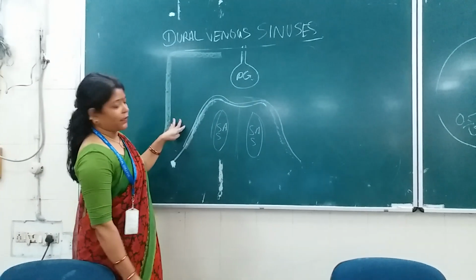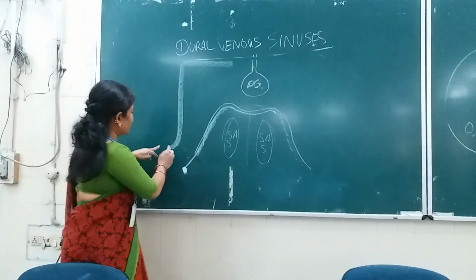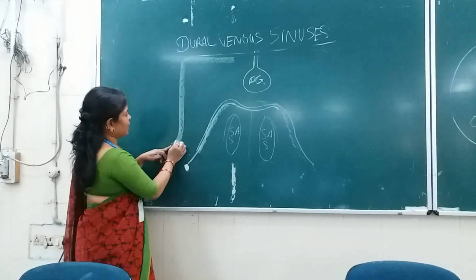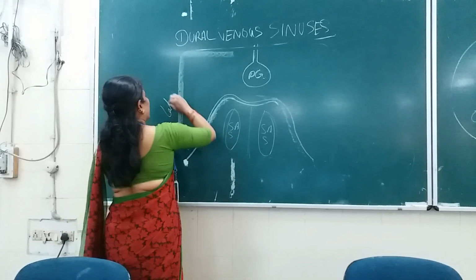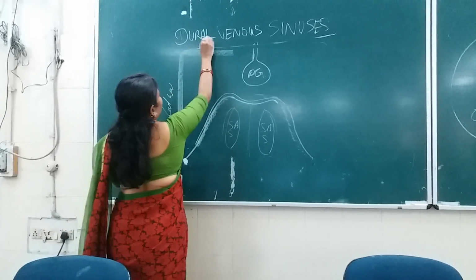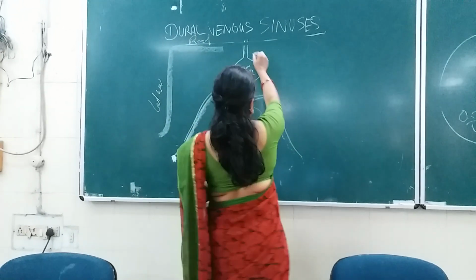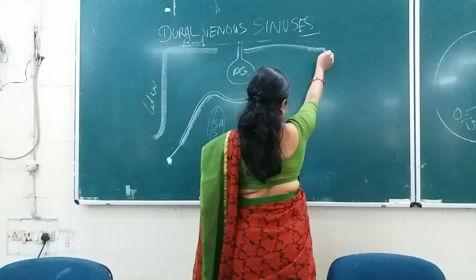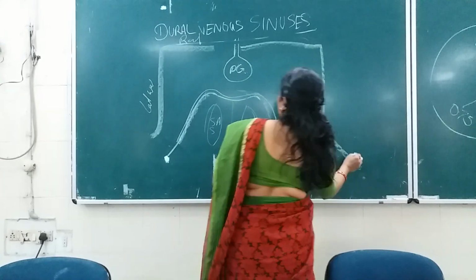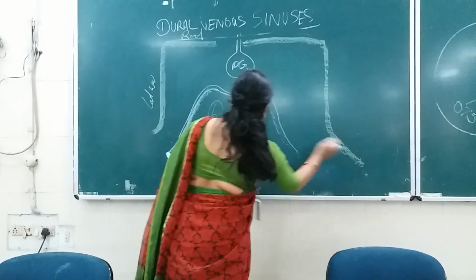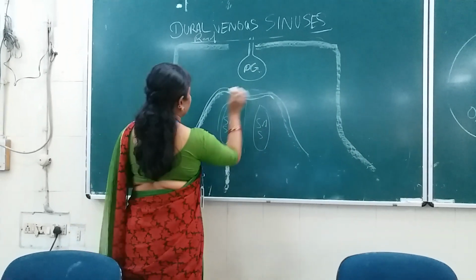Make its boundary. This meningeal layer, which ascends upwards in the middle cranial fossa, forms the lateral wall and the roof on both sides. So this layer is the meningeal layer and this is the endosteal layer.